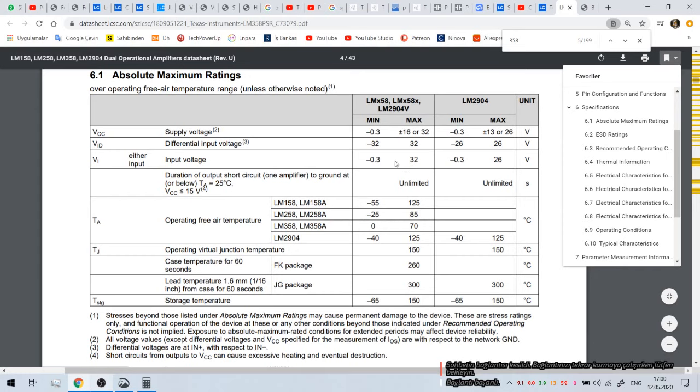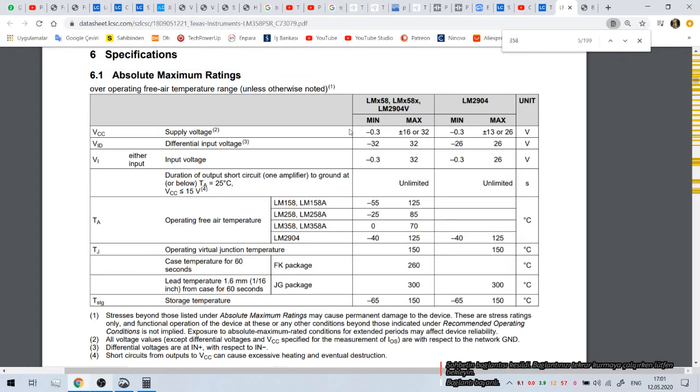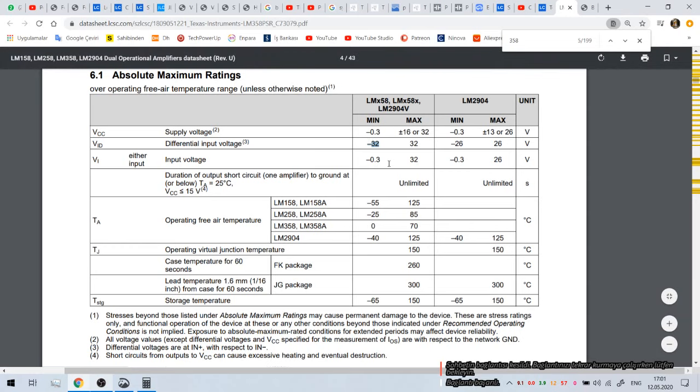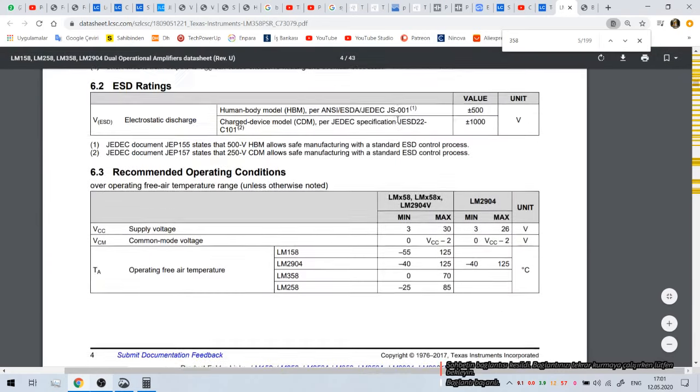Absolute maximum ratings show 32 volts maximum supply voltage, and minus 0.3 volts minimum. Differential voltage is also up to 32 and minus 32. It is a very nice feature. Input voltage, we can use up to 32 volts, but that is the absolute maximum, not the recommended condition.